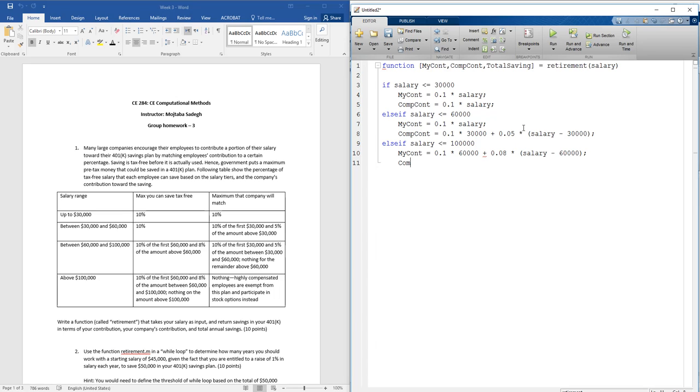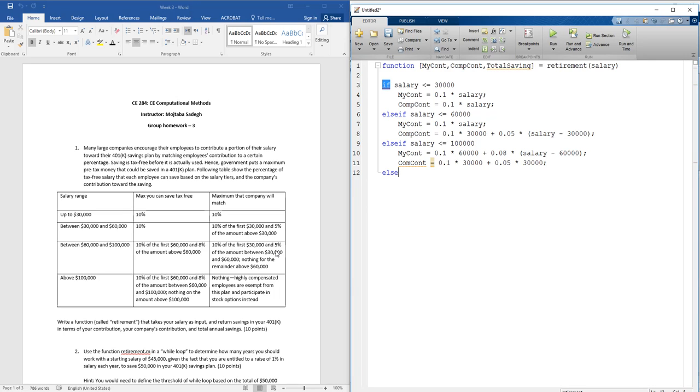And company's contribution is 10% of the first $30,000, 5% of the second $30,000, because that's whatever is between 30K and 60K, right? So that's $30,000 right there. And nothing above 60K. So that's about it.